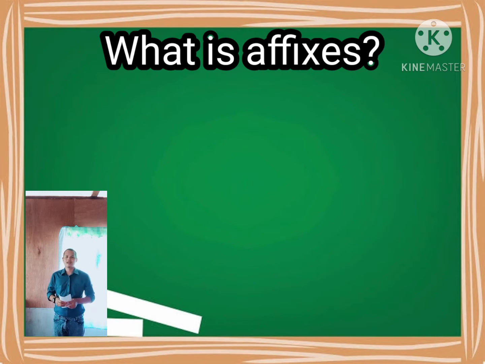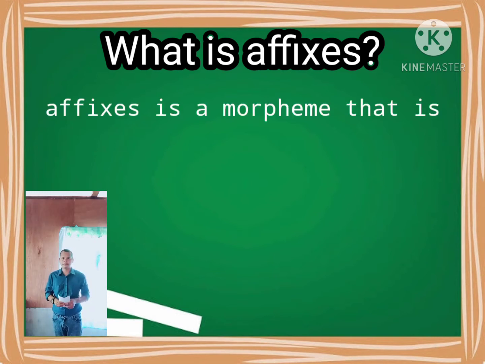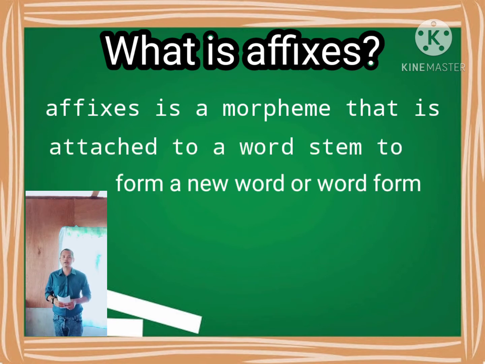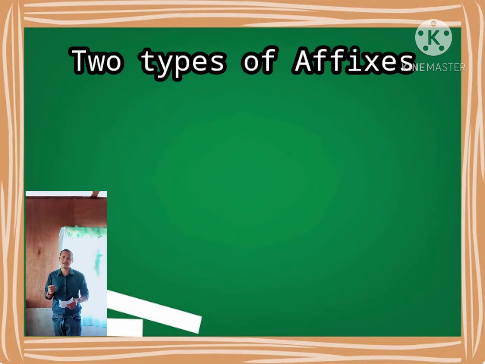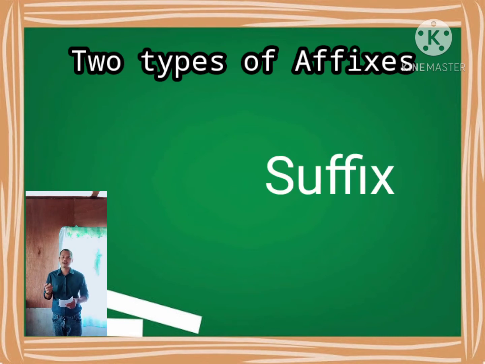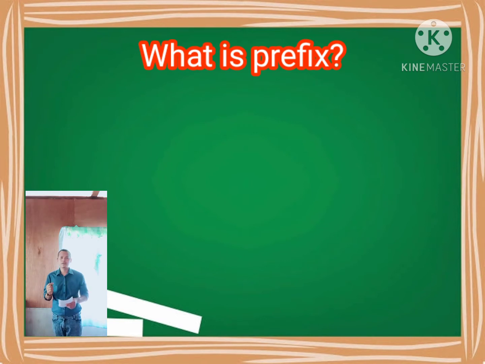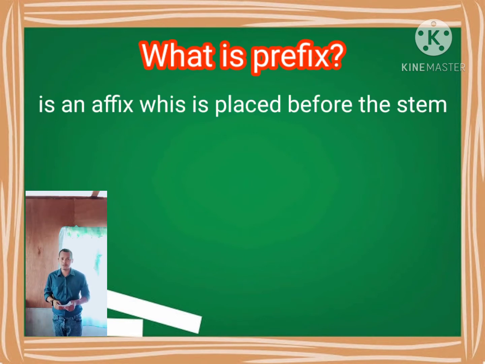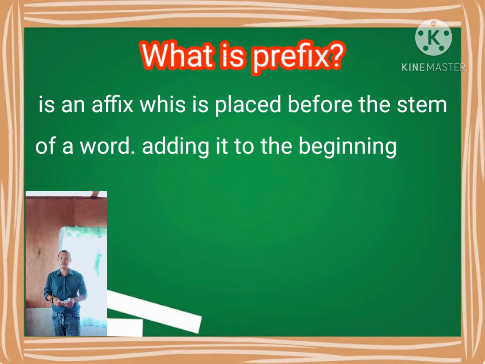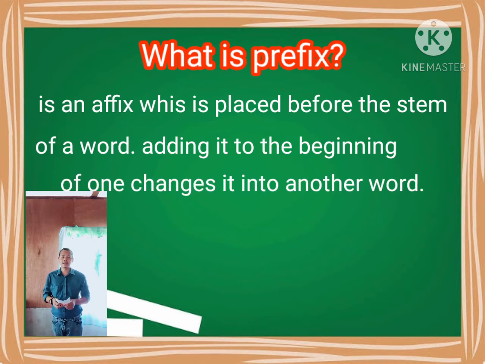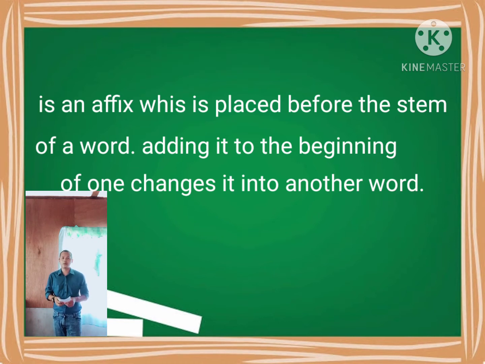Now, an affix is a morpheme that is attached to a word stem to form a new word or word form. There are two types of affixes, the prefix and the suffix. So, what is prefix? A prefix is an affix which is placed before the stem of a word. Adding it to the beginning of one word changes it into another word.